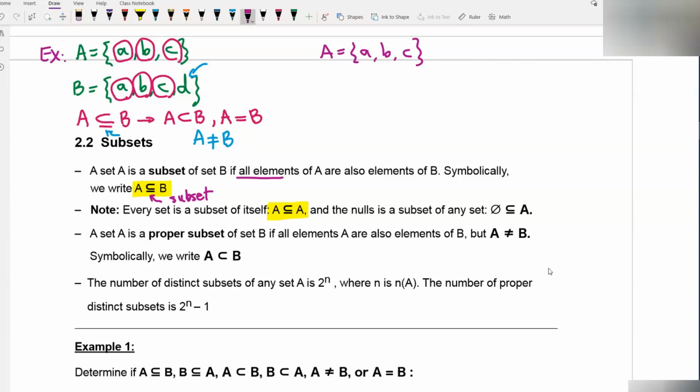This note: every set is a subset of itself. And empty set is subset of another set. Not just A, it doesn't matter what set we have. Empty set is subset of any other set.